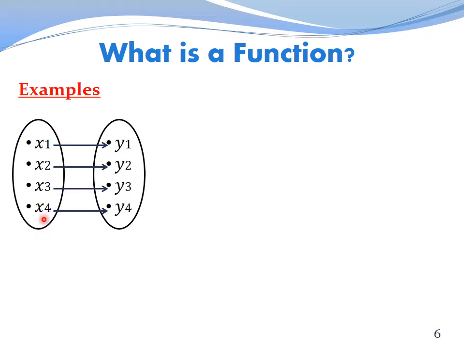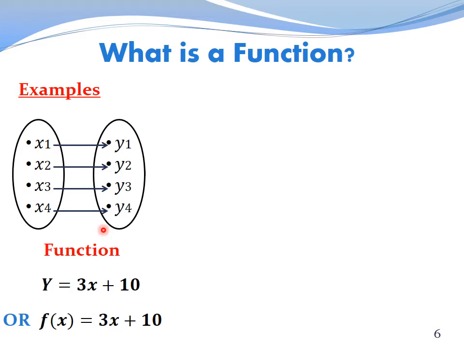Let's go to each input value and see if it corresponds to only one output value or not. Here x1 corresponds to y1, which is only one output value. x2 corresponds to only one output value, which is y2. x3 also corresponds to only one output value, which is y3. x4 corresponds to only one output value, which is y4. So yes, this is a function.